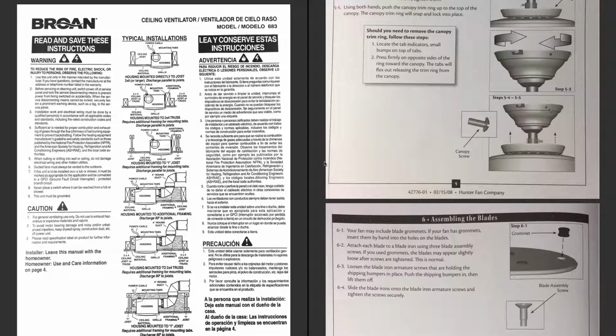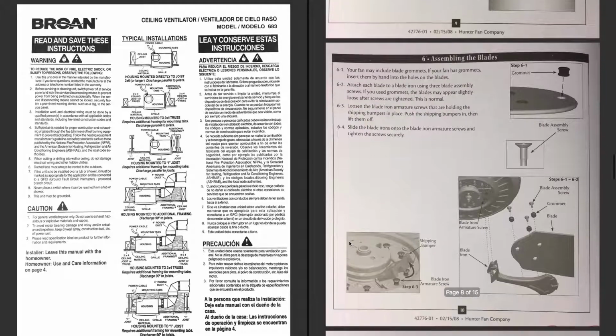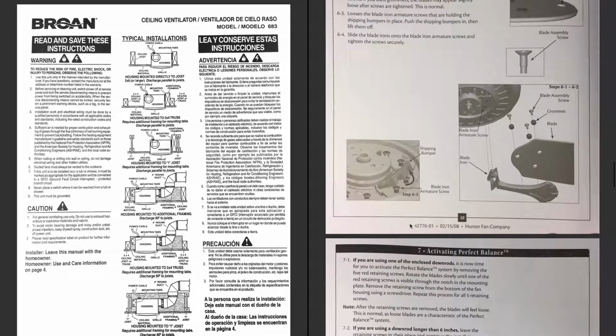So I think that is what was in the mind of the creators of this instruction manual, because we can see everything is clearly laid out. Even looking at this picture here on the right of page 10, we can see how the fan blades are supposed to be assembled, right? You can see how the screw comes down to the nut, or the grommet, excuse me, and then to the blade.